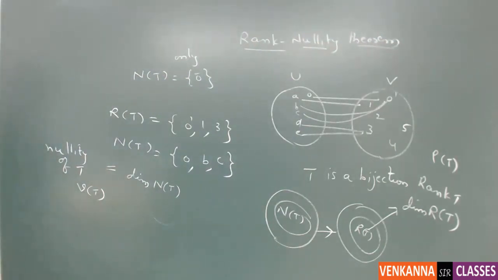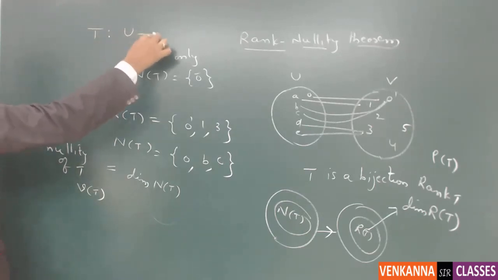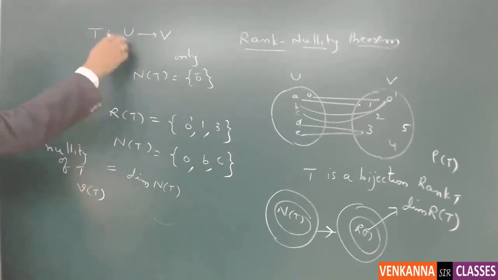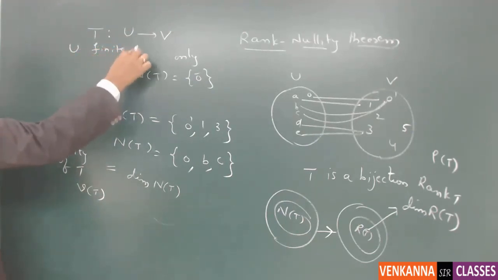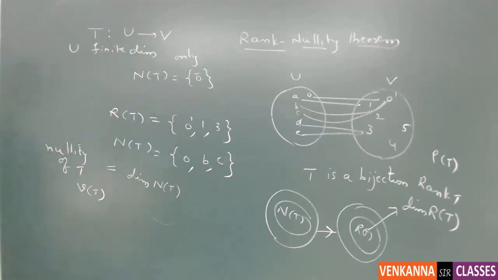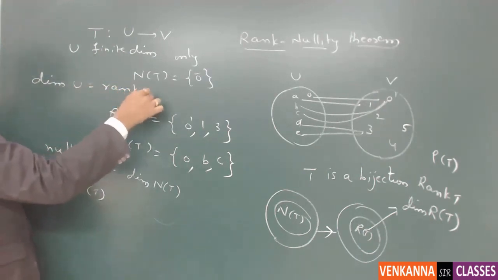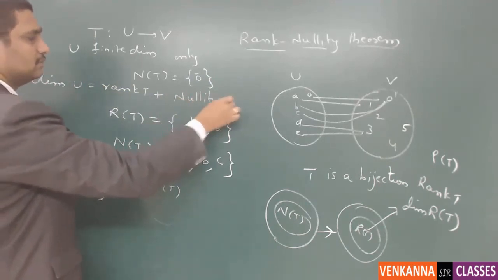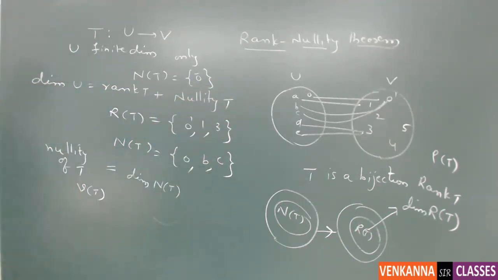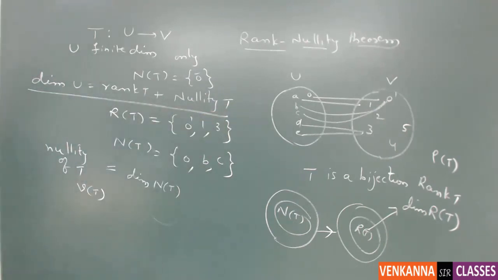It states that suppose you have a linear transformation from U to V and the domain is finite dimensional, then the dimension of U is equal to the rank of the transformation plus the nullity of the transformation. This is a very useful theorem. Based on this, so many problems are asked under UPSC.